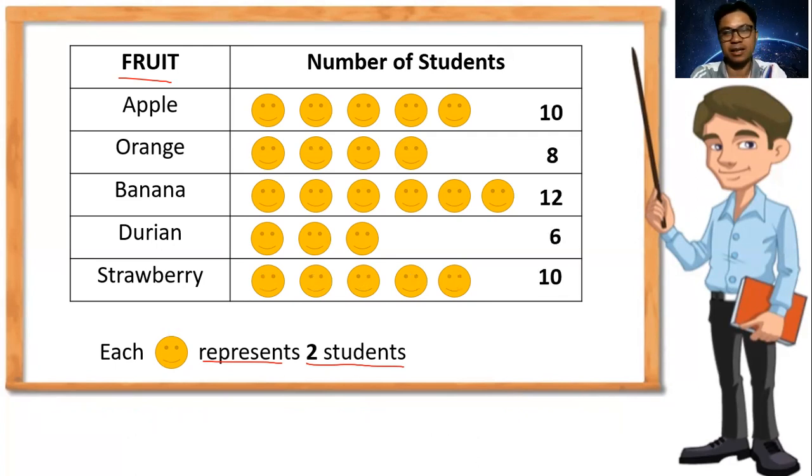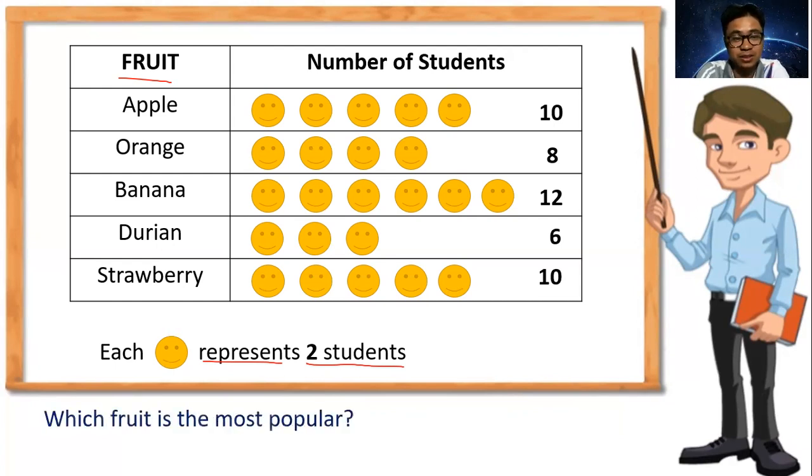Before we go to the next example, let's answer this question first. Take a look here. Which fruit is the most popular? The most popular fruit is the one with many students.